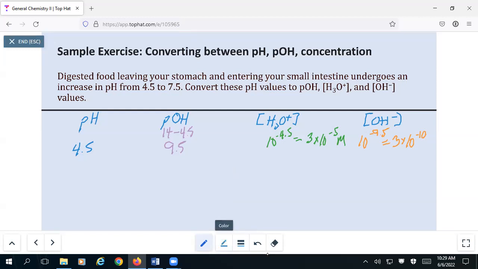In your intestine, now they're going out to kind of close to normal blood buffering pH. We're going to do the same things. Turn pH into pOH by subtracting from 14. I would get 6.5.